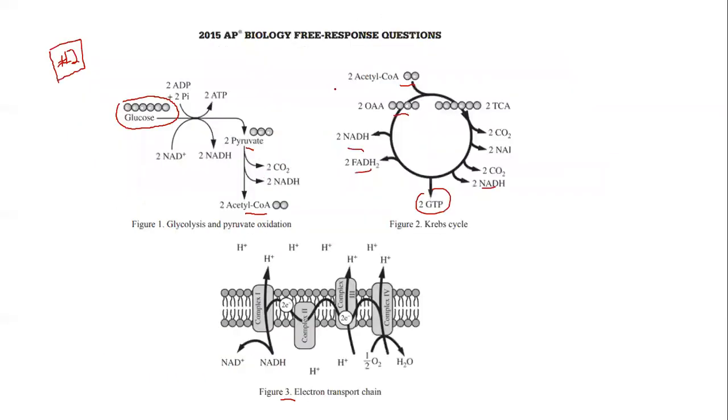So let's go back to this picture real quick. Just off to the side, I'm going to draw a simple mitochondria so you understand and remember where all this is taking place. If this is the cytosol, this is where glycolysis takes place.